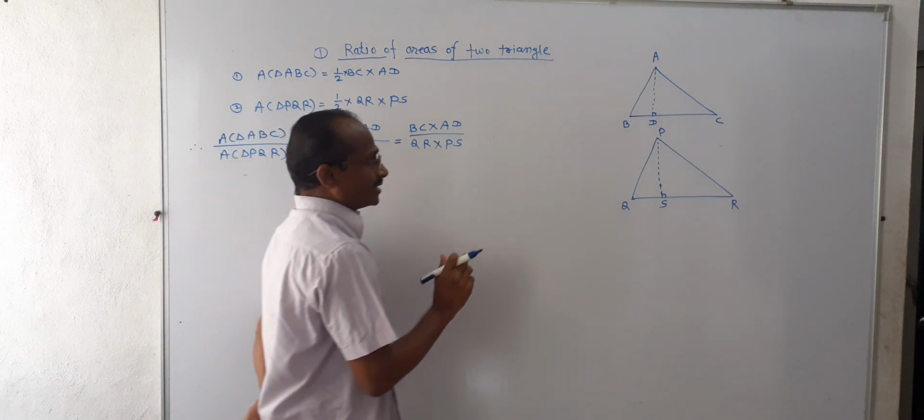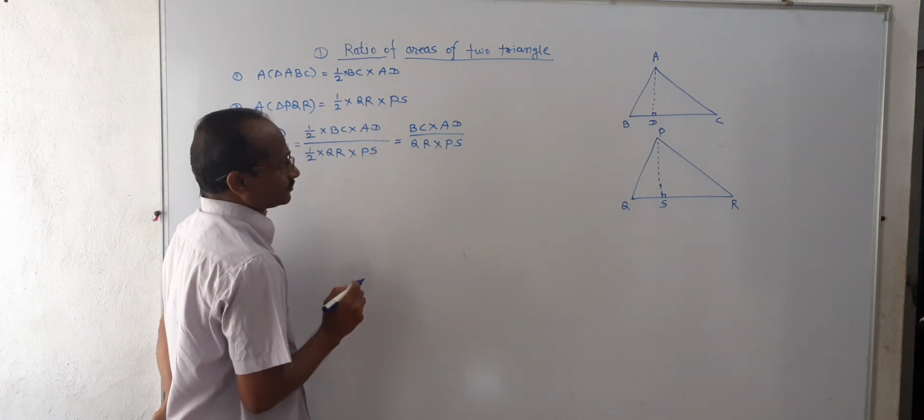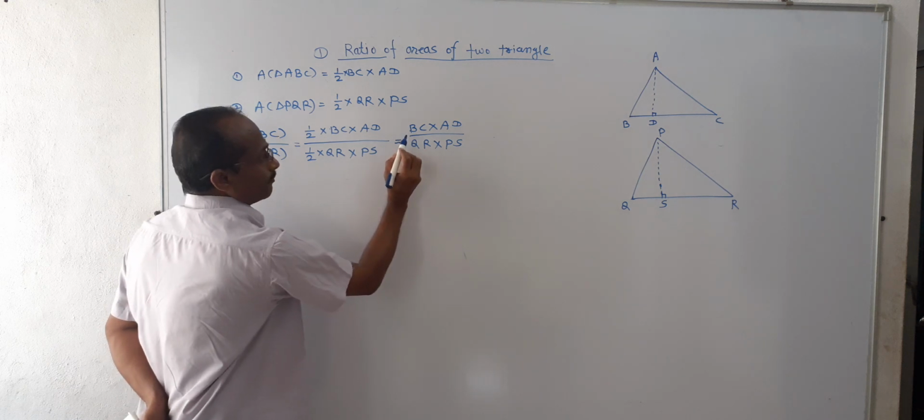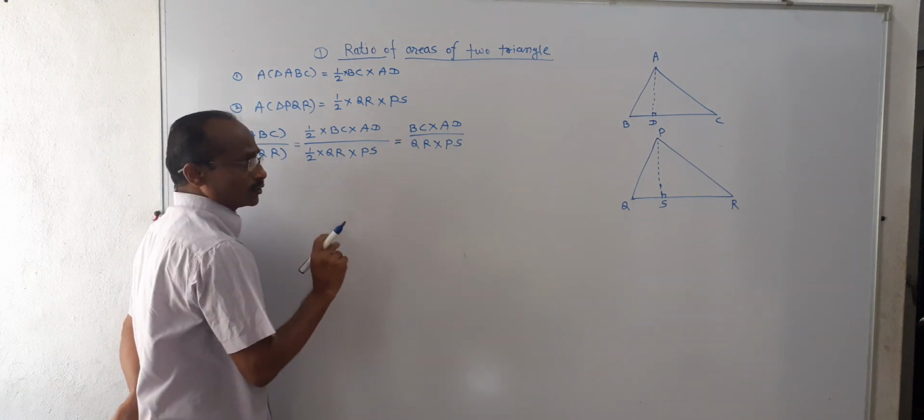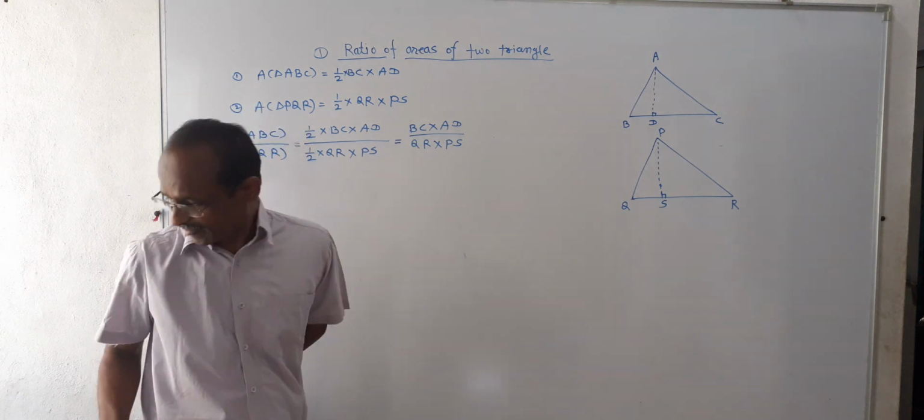Now suppose there is a particular type of triangle in which bases BC and QR are equal, meaning the two triangles have a common base.